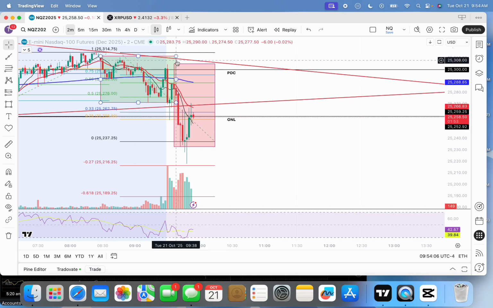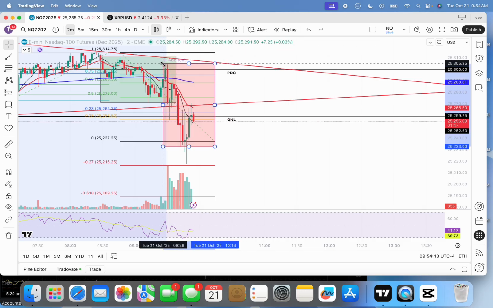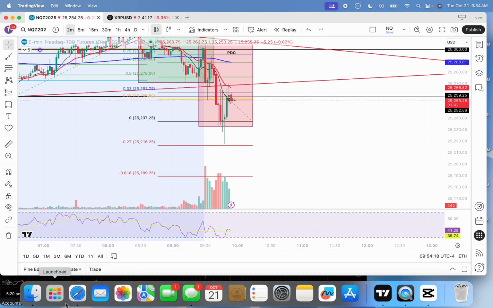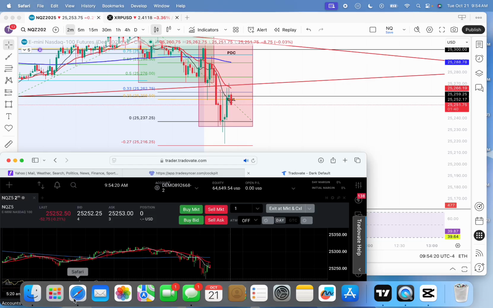It's going to go back down there. So this was the top of the orb here. Yeah, we're going to go back down. Look at that.